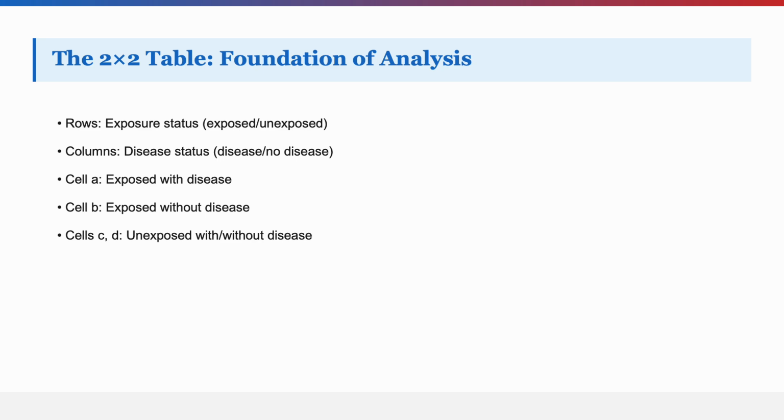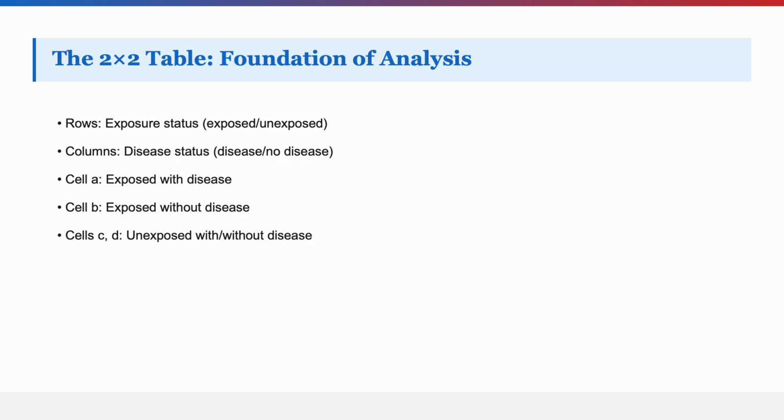Columns represent disease status, disease on left, no disease on right. This gives us 4 cells. Cell A, exposed people with disease. Cell B, exposed people without disease. Cell C, unexposed people with disease. Cell D, unexposed people without disease.